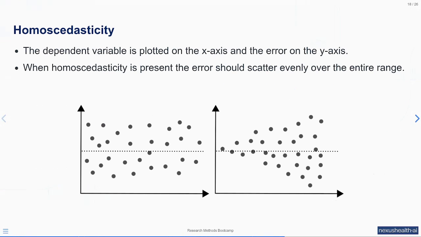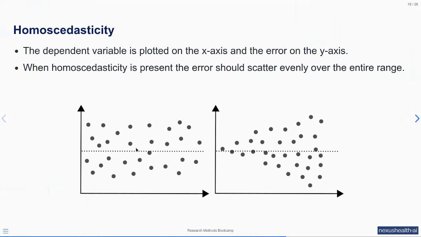So if we plotted the predicted value on the x-axis and the error on the y-axis, when homoscedasticity is present, the error terms should be evenly scattered over the entire range. If we look at this graphic here, we see that there is no pattern to it.